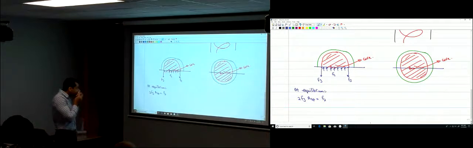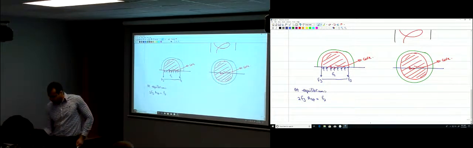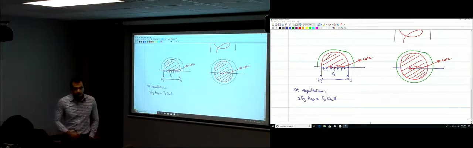So how much is that area? It's this width, D core, multiplied by S, the pitch.